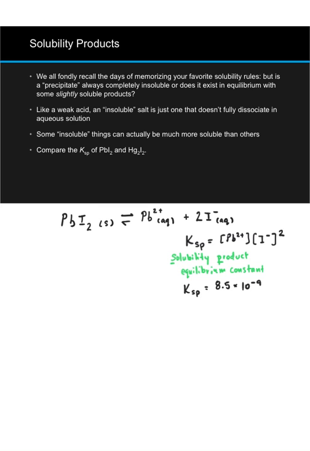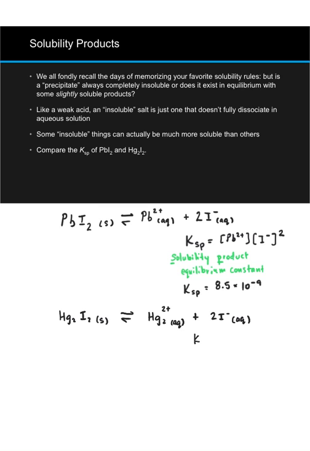All KSP expressions will show us how an insoluble substance dissociates into its ions and establishes an equilibrium with those ions in solution. For example, Hg2I2 can be written to show a similar equilibrium with the dissociated cation, mercury 1, which is the oddball, Hg2 2+, and 2 iodides.